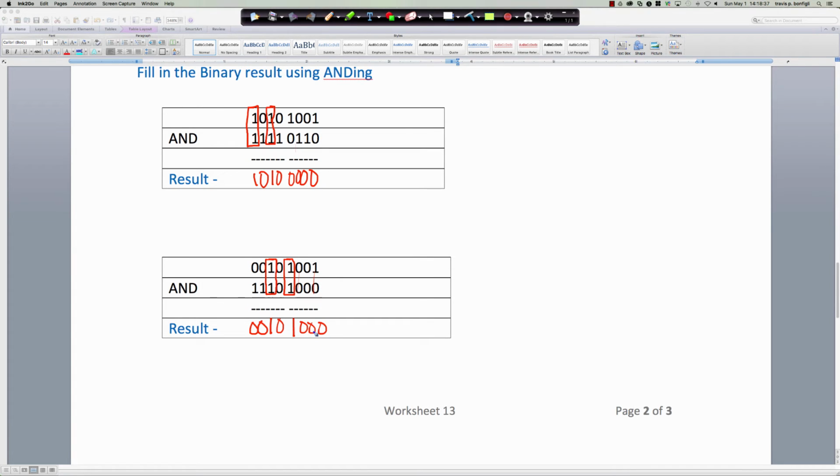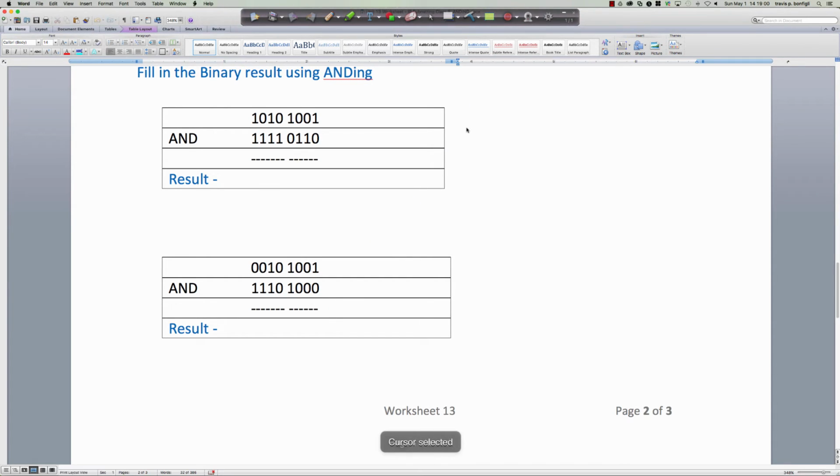Pretty easy, right? So the only time you need to be on the lookout here when you're ANDing is when there's two ones that you're ANDing together, because that will result in the value of a 1, right? So we get 0, 0, 1, 0, 1, 0, 0, 0. And that is it. ANDing is not that difficult, right?